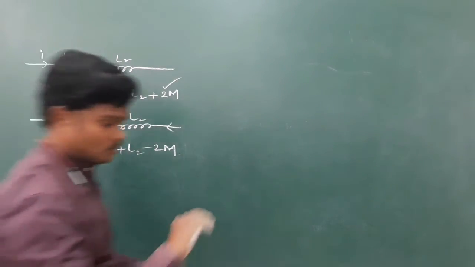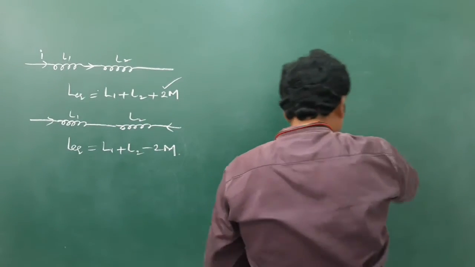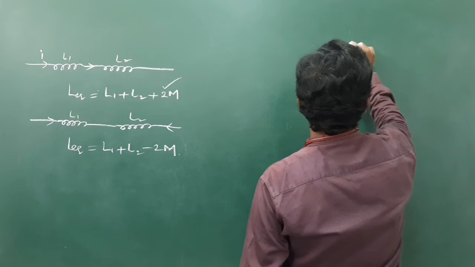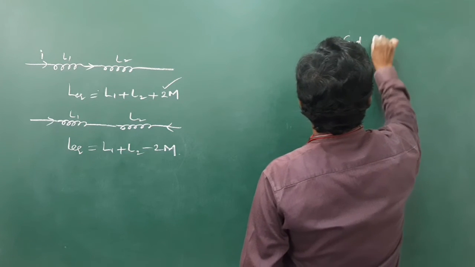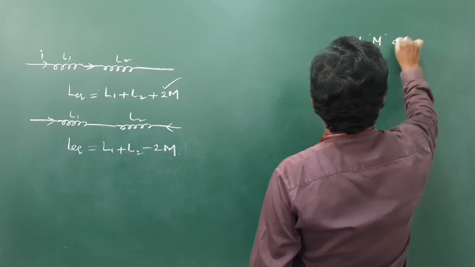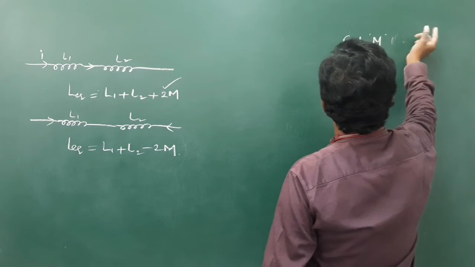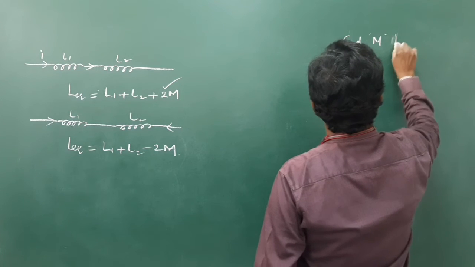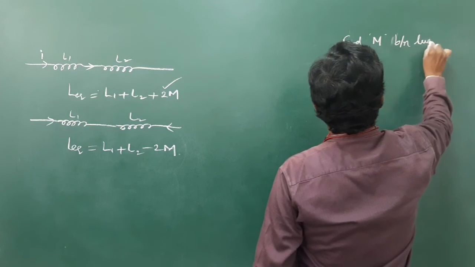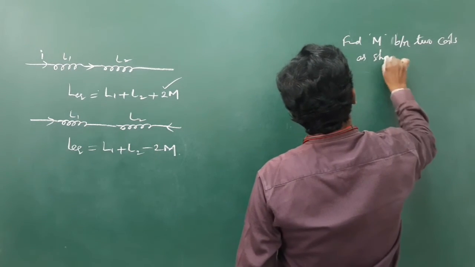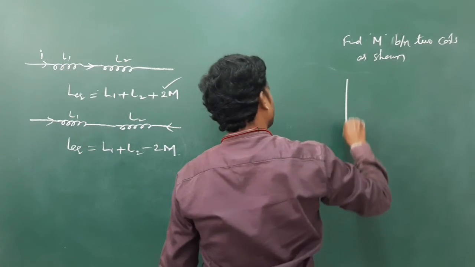One more. Find the mutual inductance between two coils as shown. Find M of the combination. See the given diagram like this.